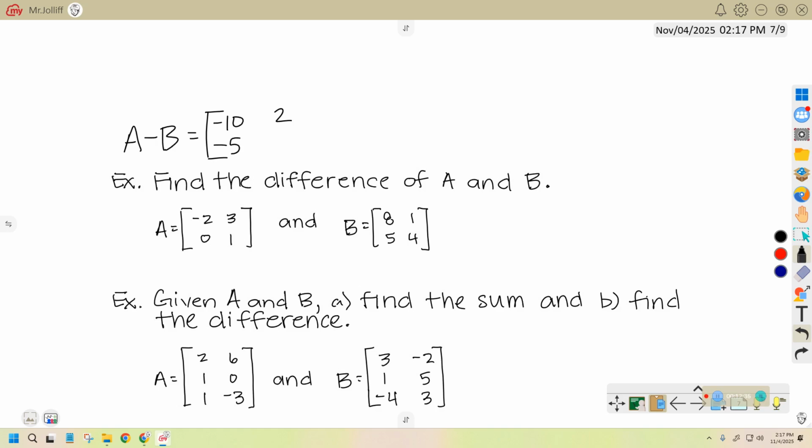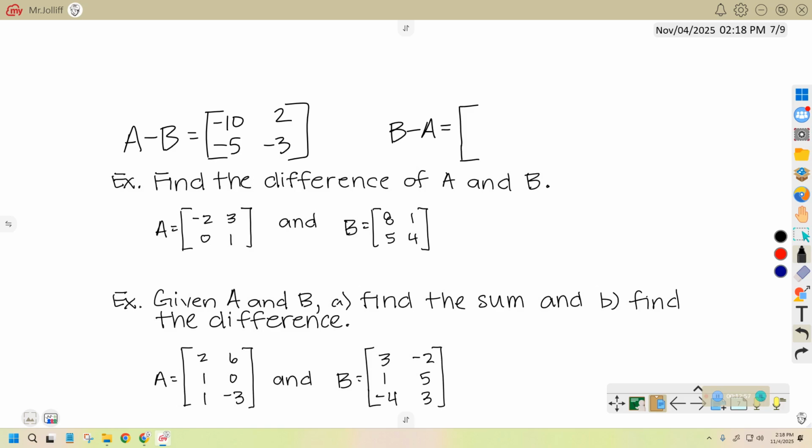And 1 minus 4 is -3. Reasonable? Good. I want you to take a second in your small groups and find B minus A.